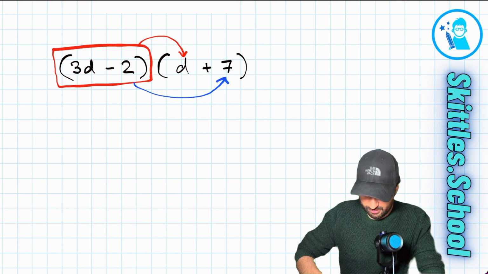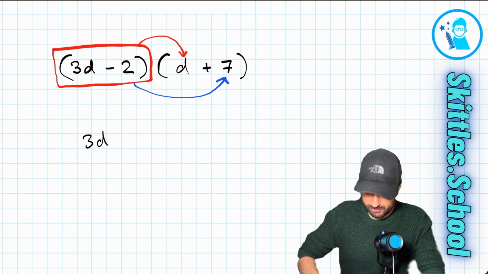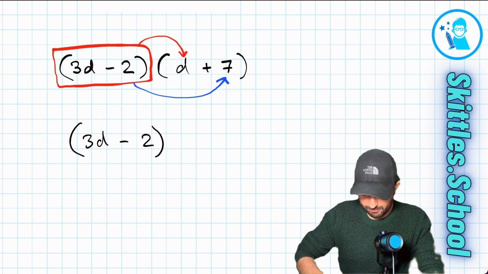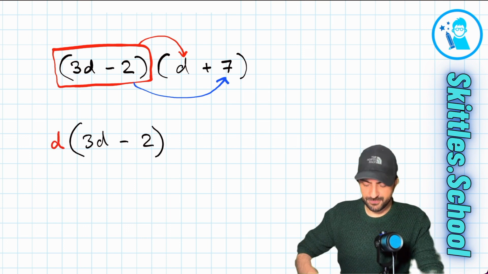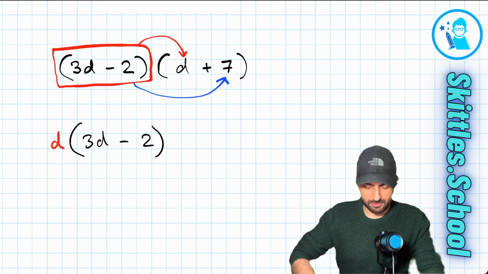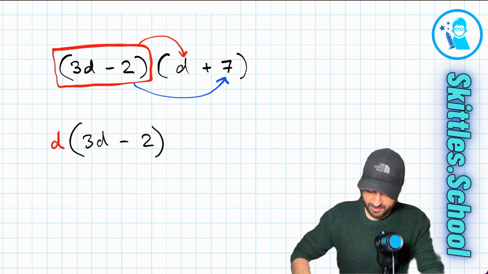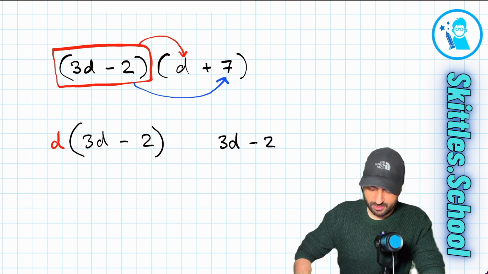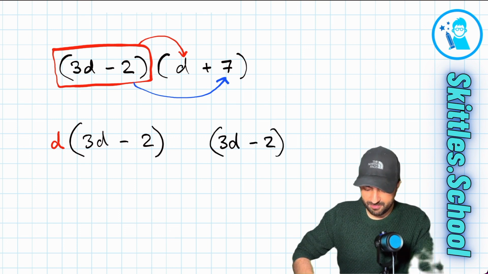So 3d minus 2, and we said we're going to multiply it by d. So I'm going to put the letter d in front of it because you know that's multiply. Okay? And what about doing the same thing but multiplying it by 7? So let's do it again and multiply it by 7. So 3d minus 2 in the brackets, and we're multiplying it by positive 7.